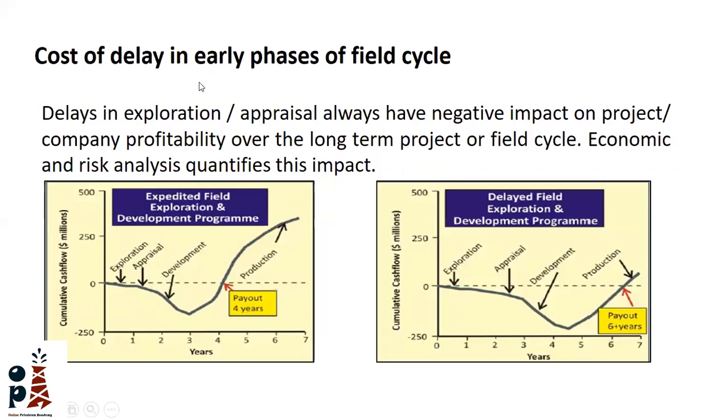So consider the cost of delay in early phases of the field cycle. Delays in exploration and appraisal always have a negative impact on a project and the company. If you look at the left graph, the field is running at the committed time, and you pay back your investment at about 4 years, having spent almost $100 million.